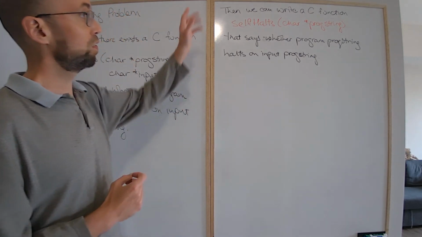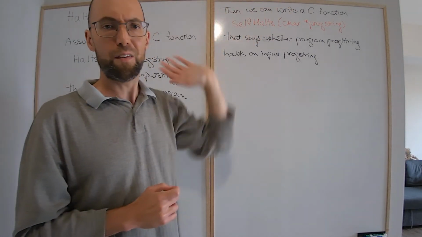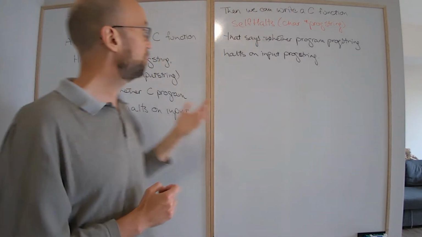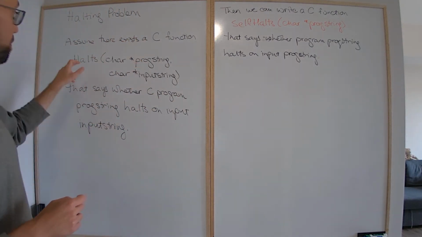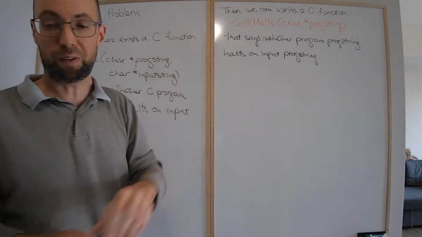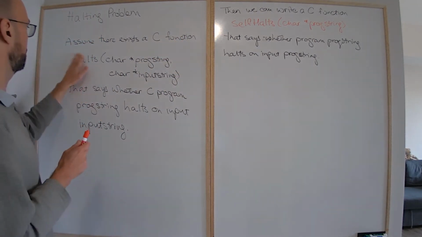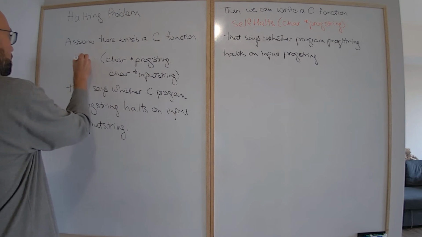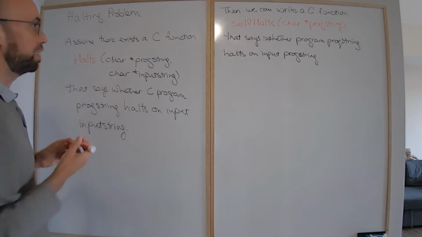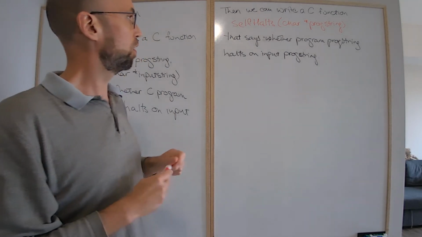Okay. So if this existed, if there was halts, then you could definitely write self-halts. I'm going to put halts in red too. Why? Because how would I write self-halts?